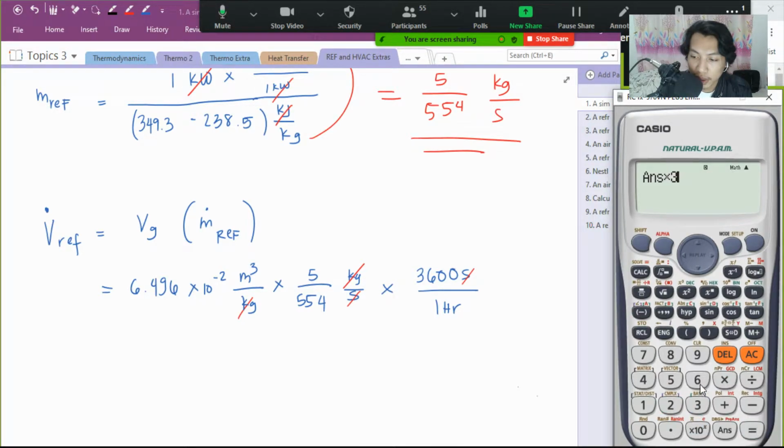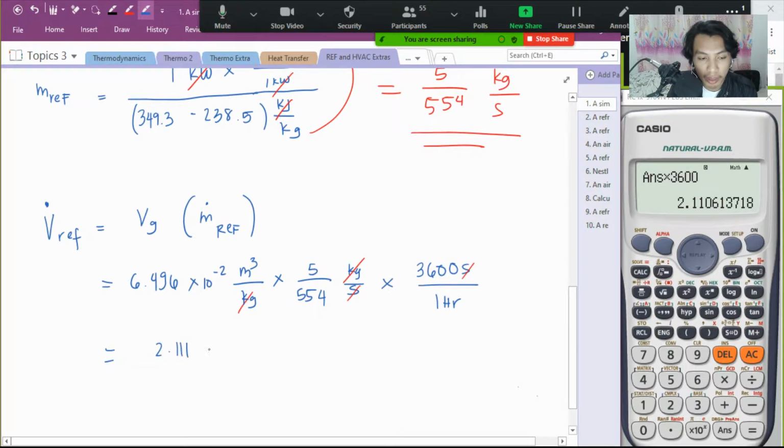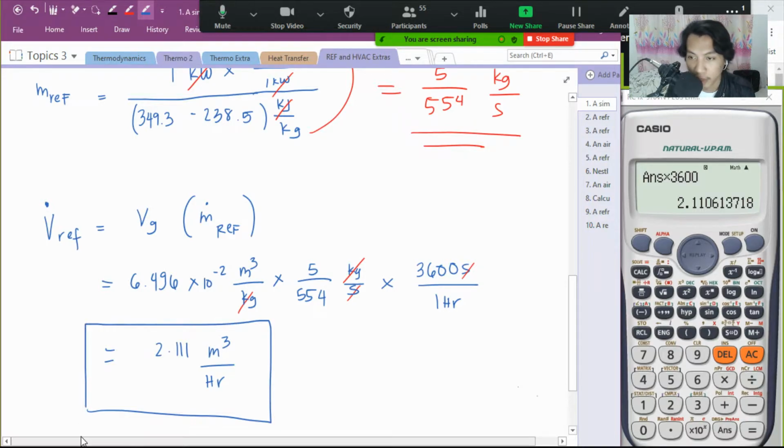Times 3,600. Then, the answer will be 2.111 meter cube per kilogram. Ay, hindi, meter cube per hour. 2.111 meter cube per hour. That is the flow of your refrigerant. That is for problem number 1. Very basic.